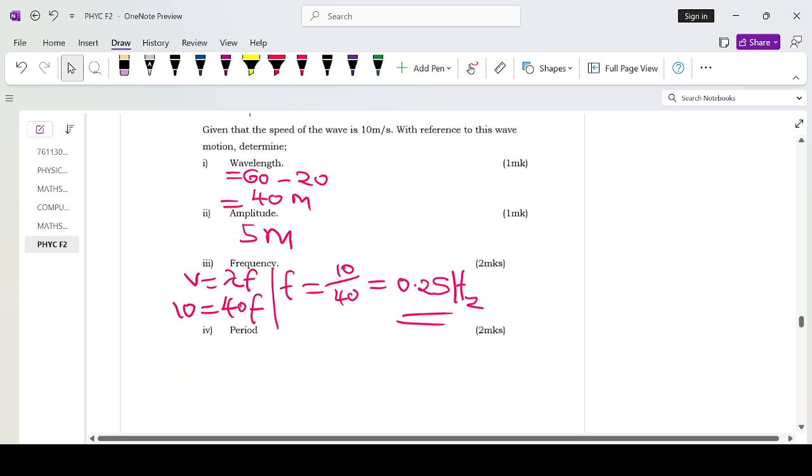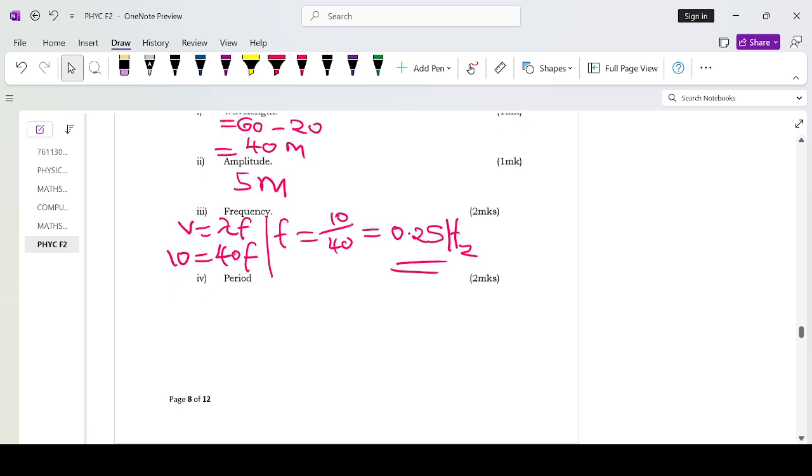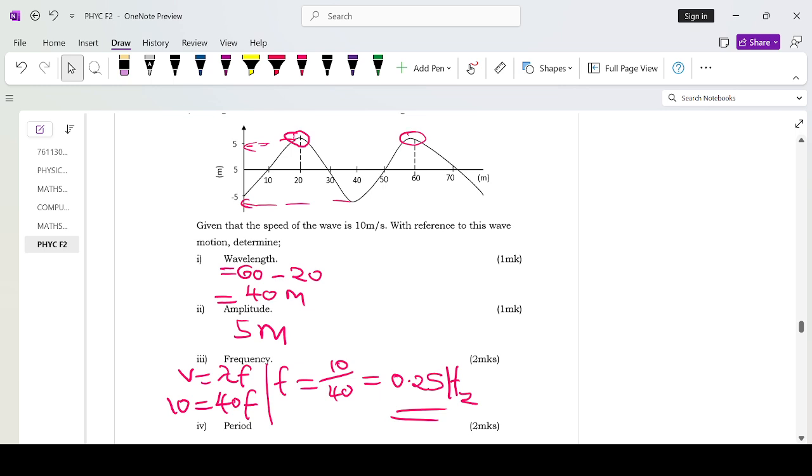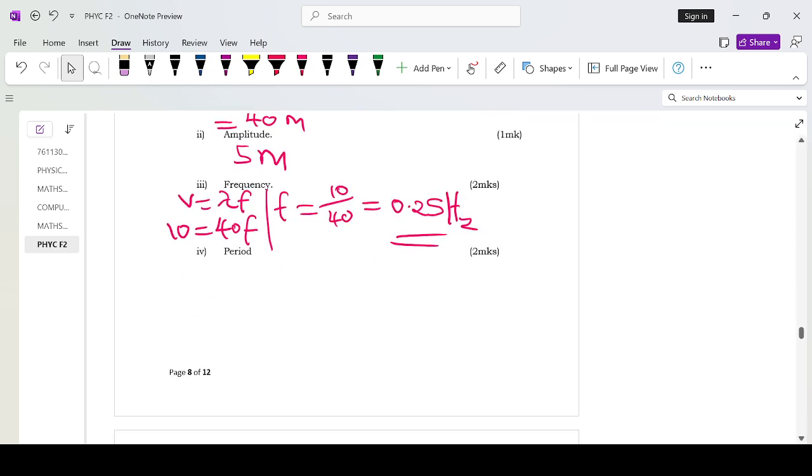Yes, we proceed. Period. Period is the time taken to complete one oscillation. But also we know that period, which is denoted by T, is normally given by 1 over F, isn't it?